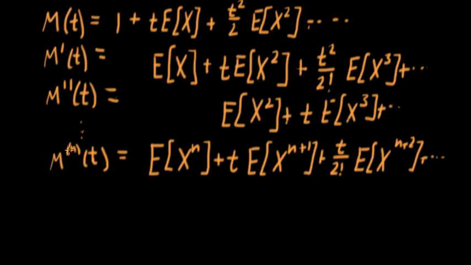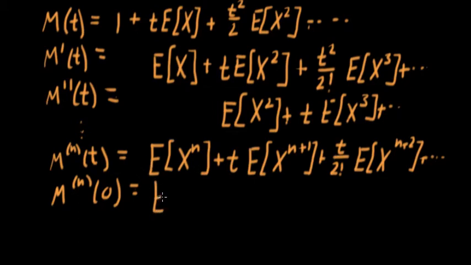And now we see that evaluating this nth derivative of the moment generating function at 0, a factor of t can be taken out of each term except for this very first one. So evaluating at t equals 0 will make everything else 0 except for this first term.